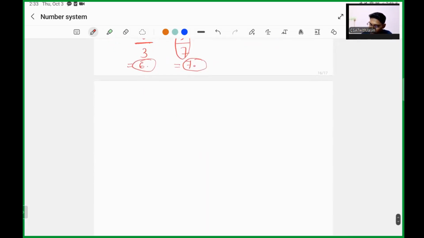For example, you need to tell me which is the greatest fraction. So I'll give you a question: 3 by 7, 5 by 8, and 2 by 3. So I'm giving you three fractions.